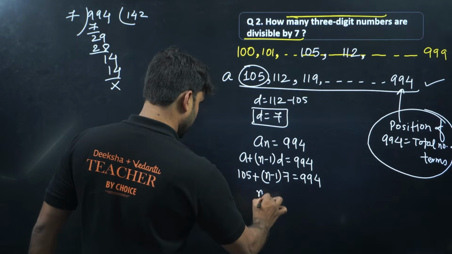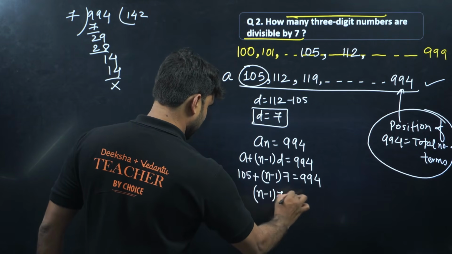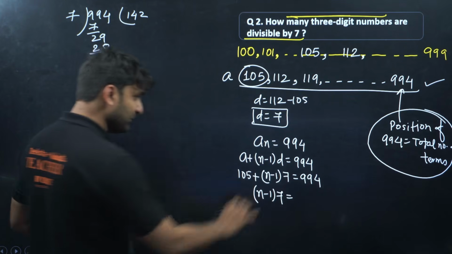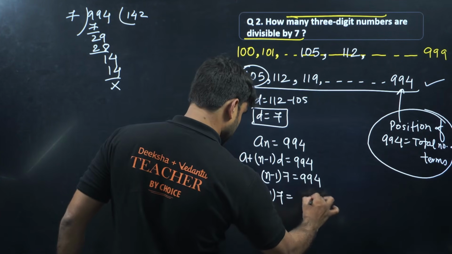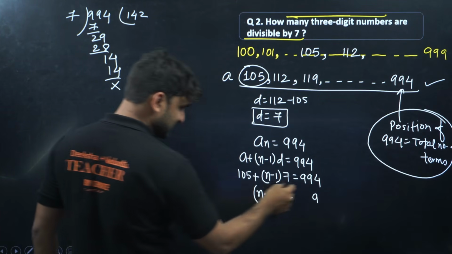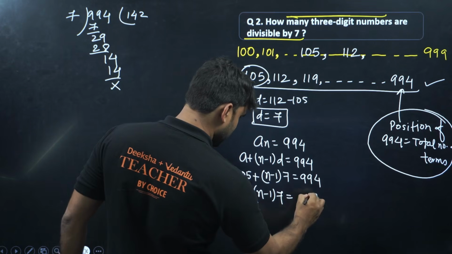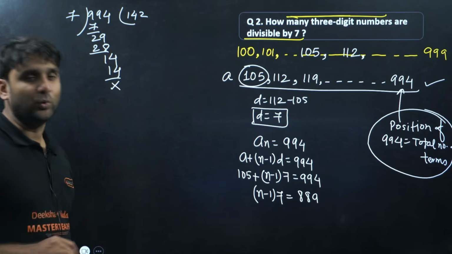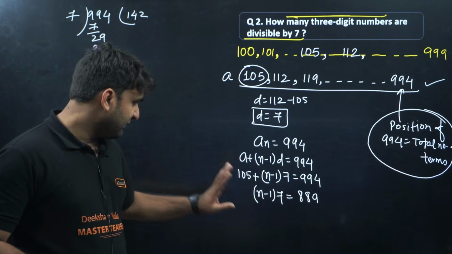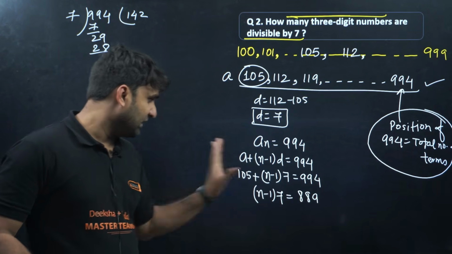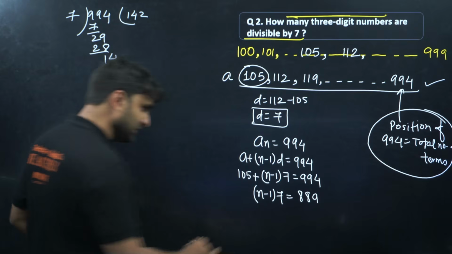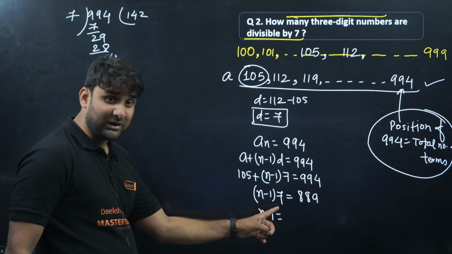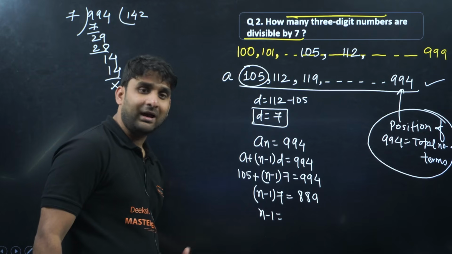So that will go there: n minus 1 into 7 equals 994 minus 105, and when we subtract 105 from 994, what will we get? 889. So n minus 1, here 7 is in multiplication, so 7 will go there and it will divide 889.